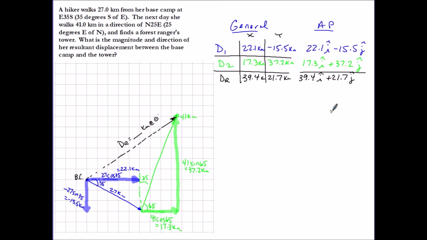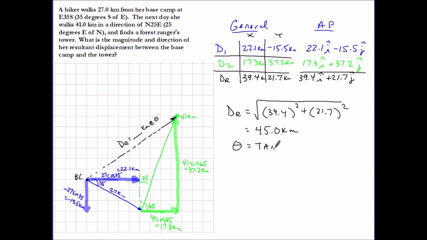Now if I wanted to determine the magnitude and direction, I would just use d sub r is equal to the square root of the sum of the squares. With 39.4 kilometers in the x direction and 21.7 kilometers in the y direction, I just compute that. Turns out to be about 45 kilometers. And if I wanted to find the angle theta, that would be an inverse tangent of the opposite side to the adjacent side.